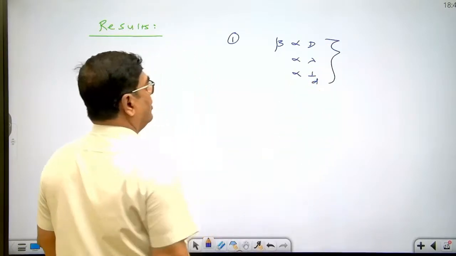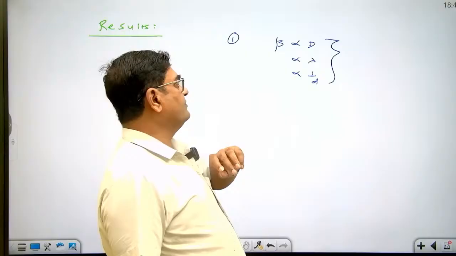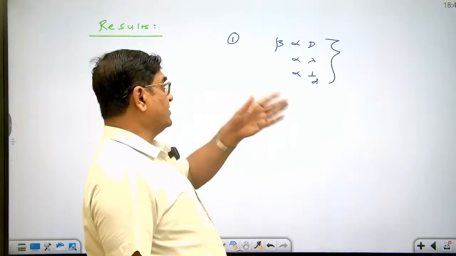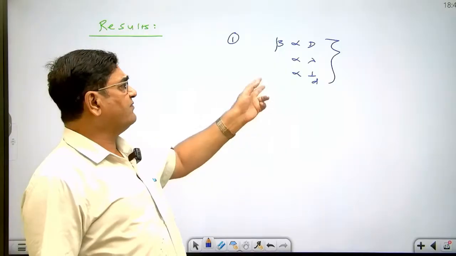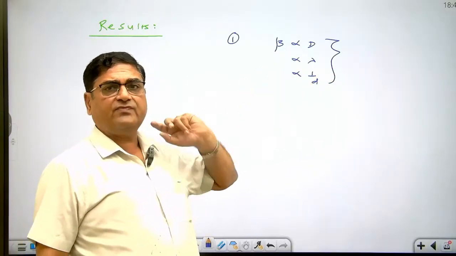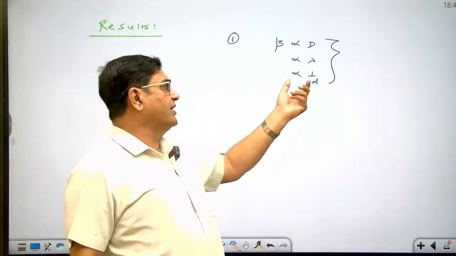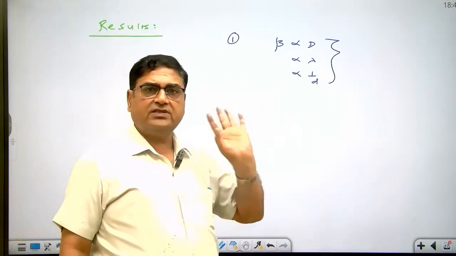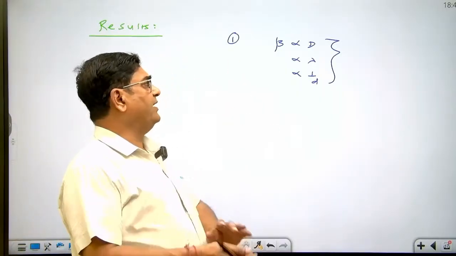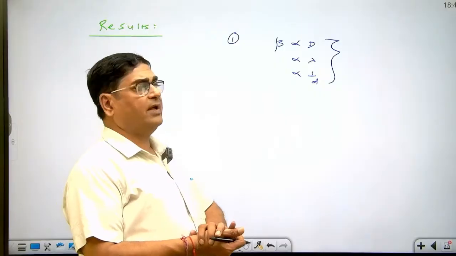It means on increasing the capital D, the distance between screen and slit, the fringe width increases. The fringe width for red color light remains more than the fringe width for blue color light. And on decreasing the separation between the slits, fringe width again increases. So this is the relation between beta and capital D, lambda and small d.